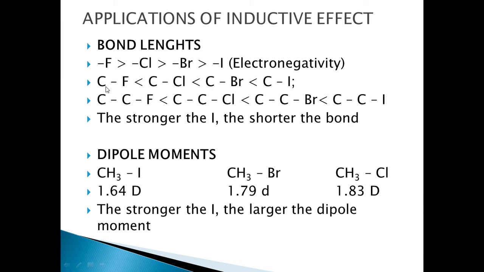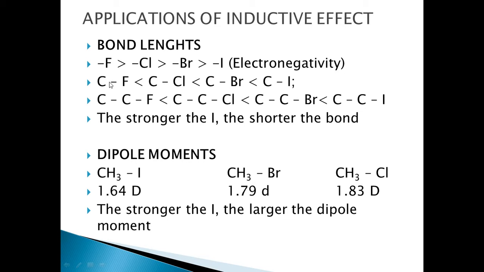If you now consider the bond between the fluorine atom and the carbon atom, we notice that the bond between fluorine and carbon is shorter when compared to the bond between chlorine and carbon, which is in turn shorter than the bond between carbon and bromine, and that is shorter than the one between carbon and iodine.